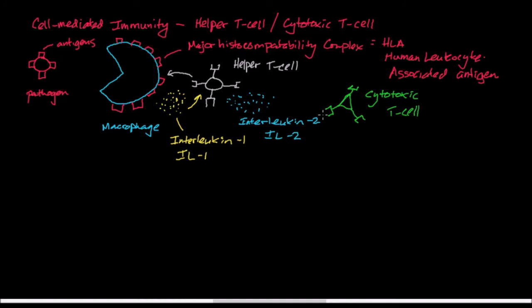You can see that this cytotoxic T cell has a specific receptor that fits the shape of that particular antigen. Interleukin 2 attracts cytotoxic T cells, but it also stimulates cytotoxic T cells to proliferate. Proliferate means to increase numbers.